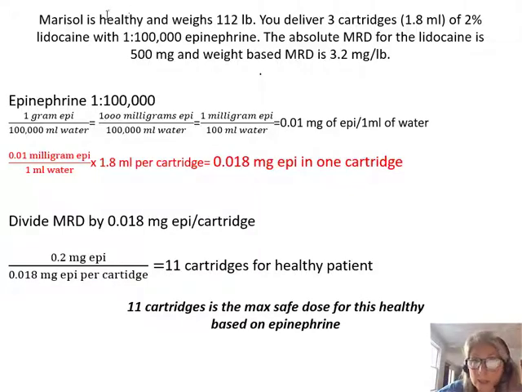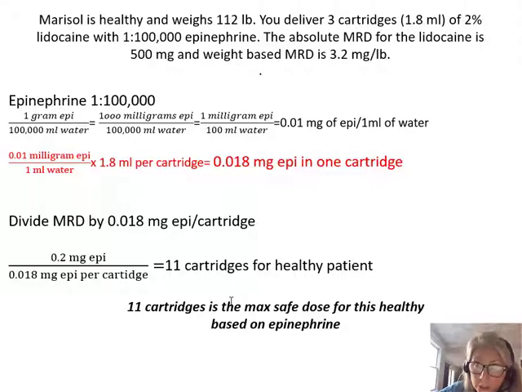So I go up here, it says she is healthy. Okay, so now I know I need to divide the MRD of the vasoconstrictor for a healthy patient, which is 0.2 milligrams of epinephrine, over the 0.018 milligrams of epinephrine per cartridge, right? Milligrams of epi cross out, and then I get 11 cartridges for this healthy patient.